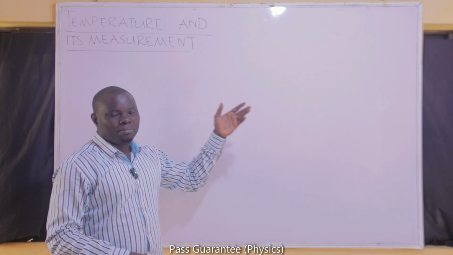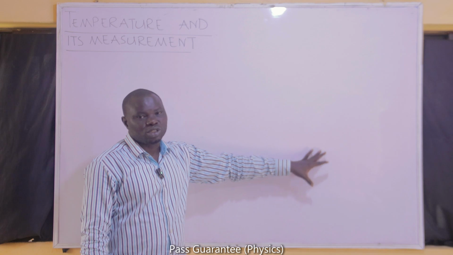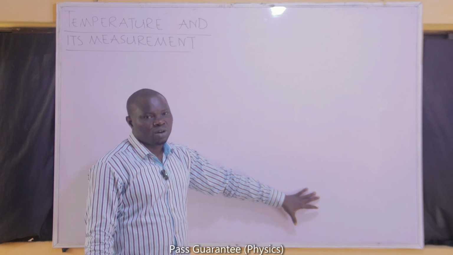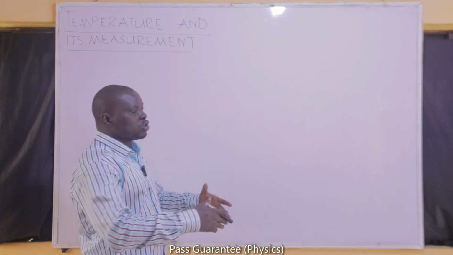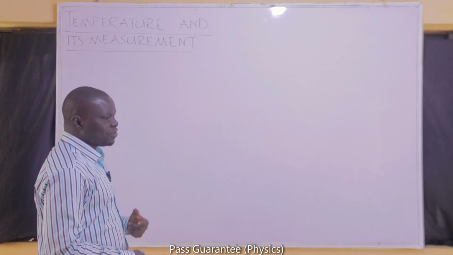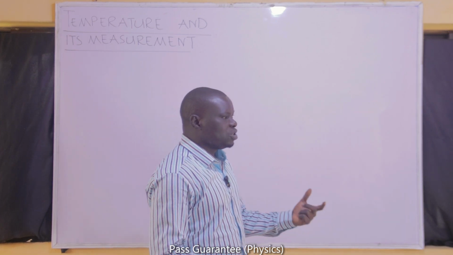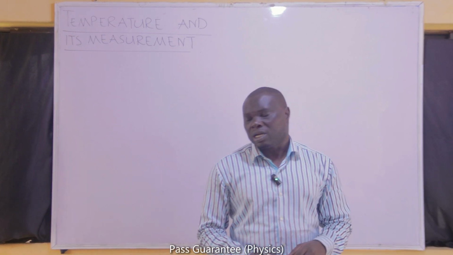So any measurable change that it can cause in a substance can be used to measure the temperature of a substance. That's why we have so many types of thermometers, because each of them is designed from our knowledge of a measurable change that is taking place due to the effect of heat on that object.